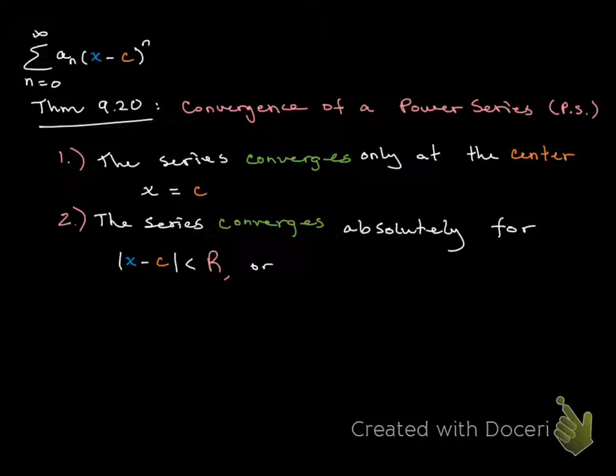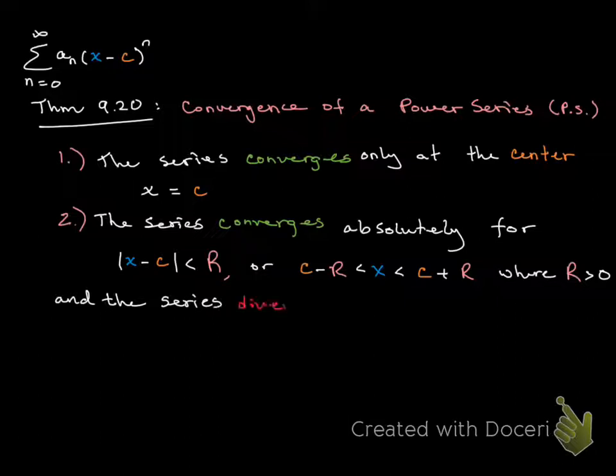Or we can open up our absolute value and say that c minus r is less than x is less than c plus r, where r is bigger than 0. And the series then diverges for everything else, right? When the absolute value of x minus c is bigger than r, okay?